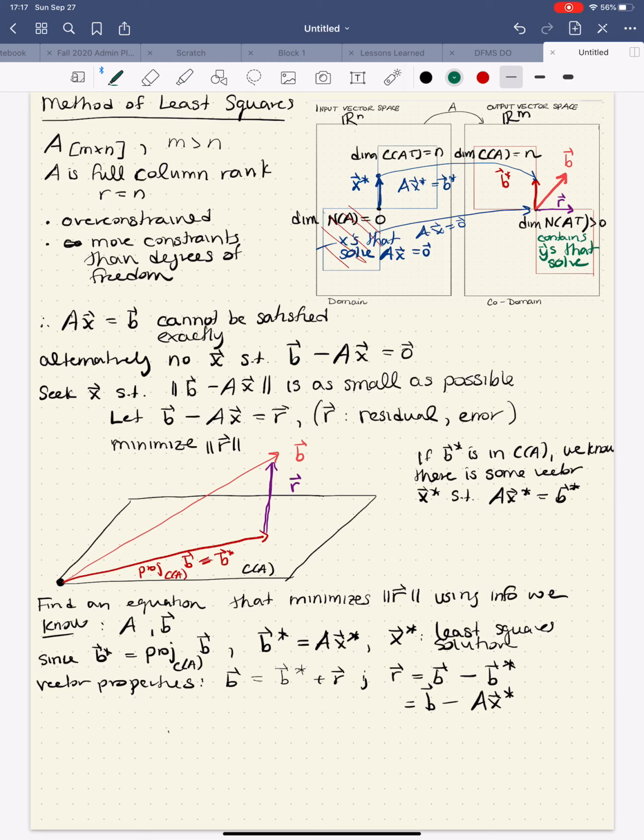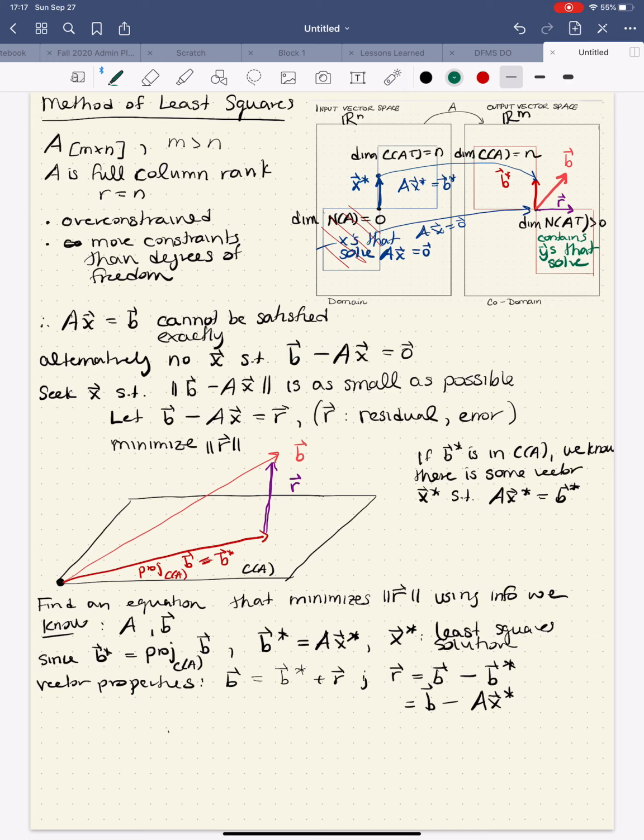Well, in order to map from the input vector space to the output vector space, I run it through the transformation A. In order to go from the output vector space to the input vector space, I'm going to use a different matrix. And if you're thinking it's the inverse, that's not true. We're not running the transformation backwards.